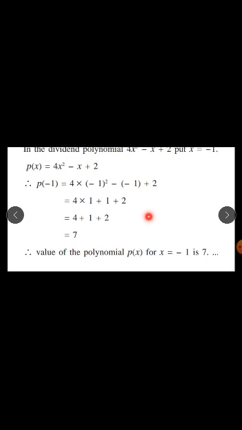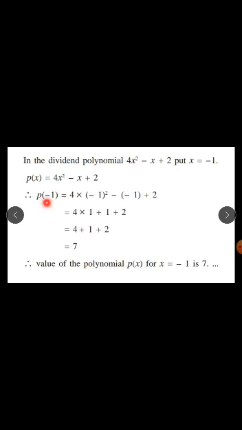So 4 into 1, minus minus is plus 1, plus 2. So 4 into 1 is 4, plus 1 plus 2 equal to 7. So p of minus 1 is equal to 7.